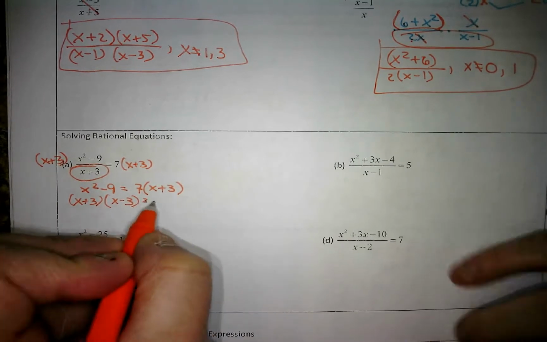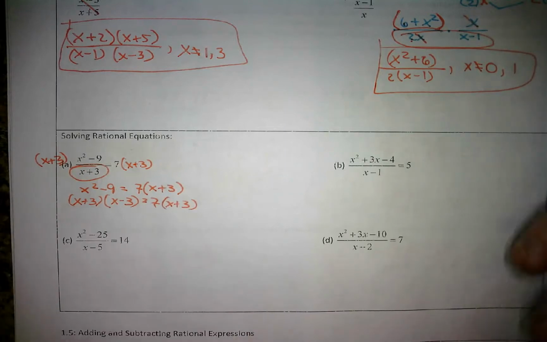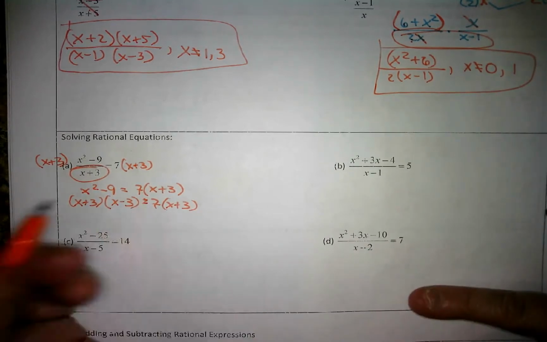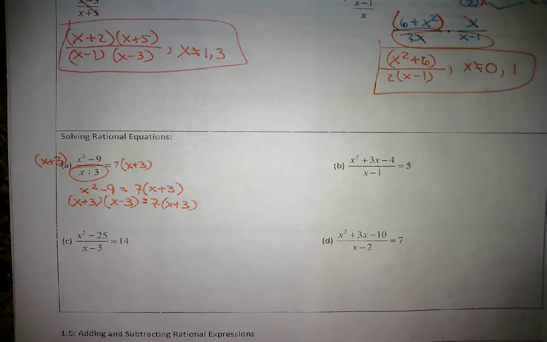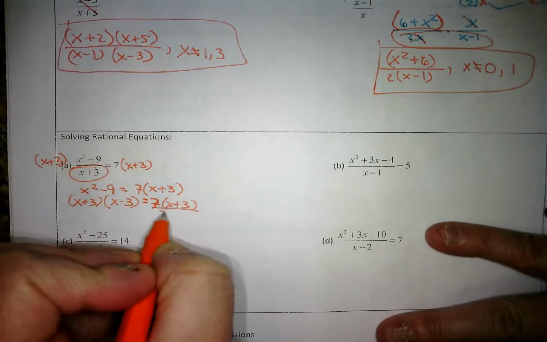Now I went on ahead and multiplied first, and really, you can, but if you look at this, I can get rid of some stuff here, right? So, in order to solve rational expressions, remember I need to get everything to one side. So now, if I go on ahead and divide by that x plus 3 again, then those are going to cancel.